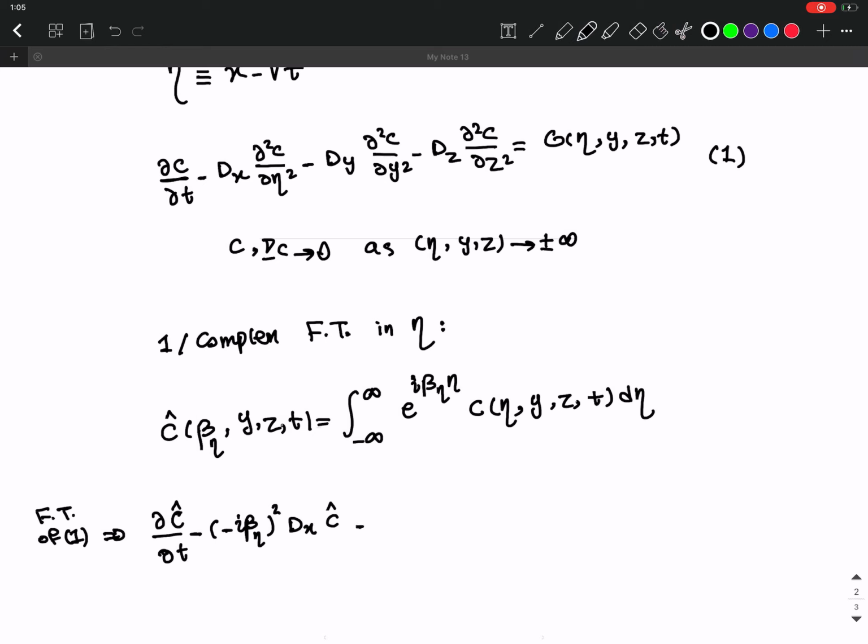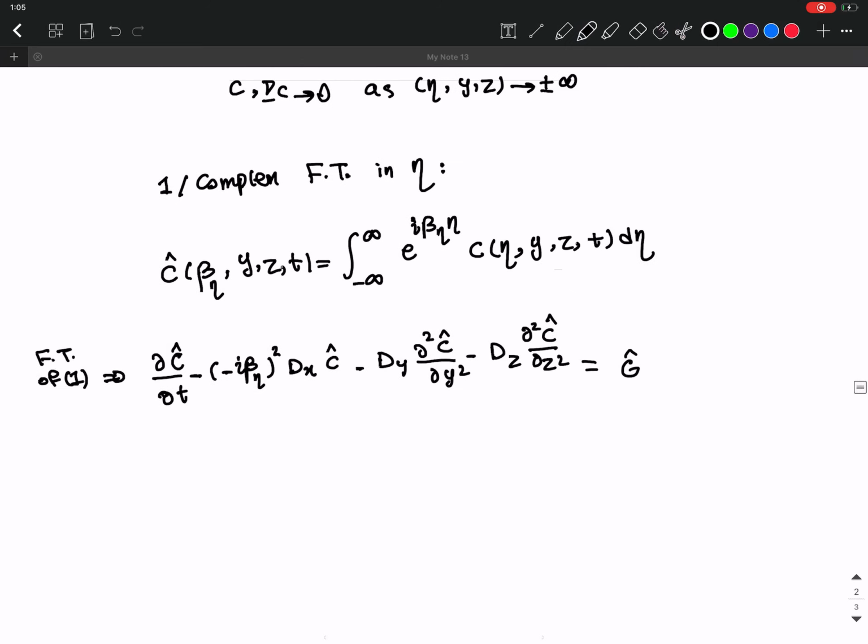And then the other terms are not going to be different, because the derivatives can come out of the integral. So it's going to be partial c hat over partial y square minus dz partial square c hat over partial z square equals g hat.